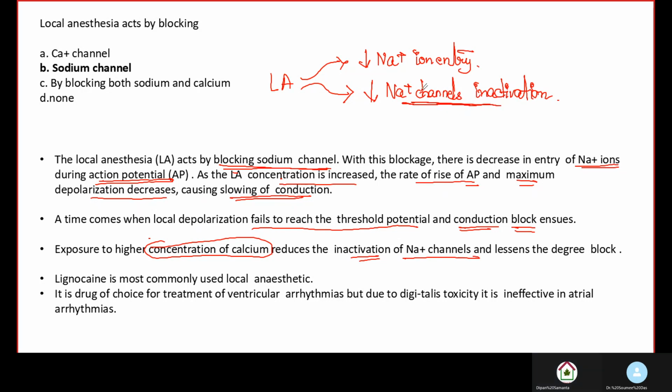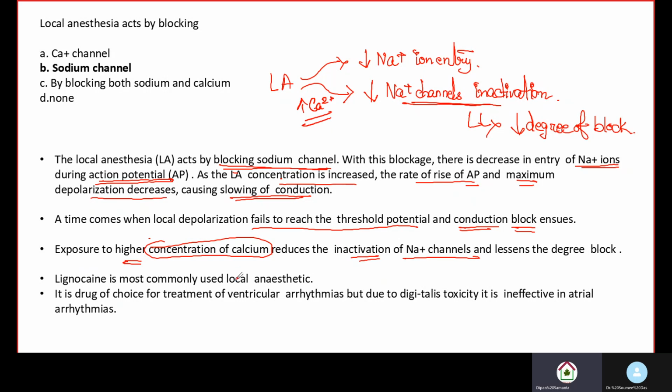That implies it lessens the degree of block. So these two mechanisms you need to understand.